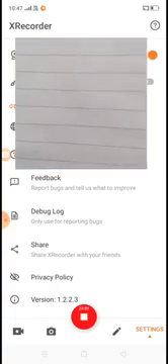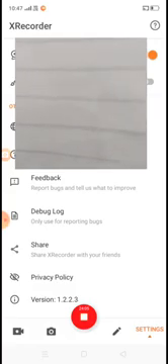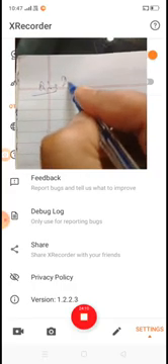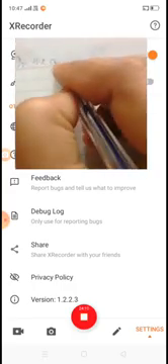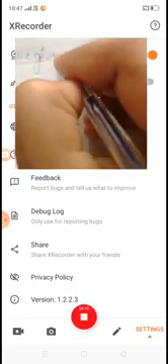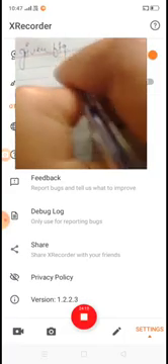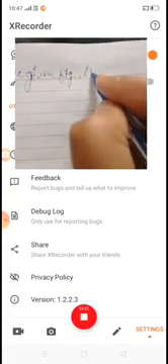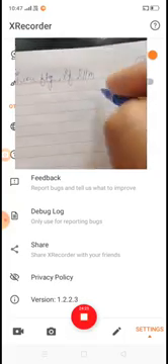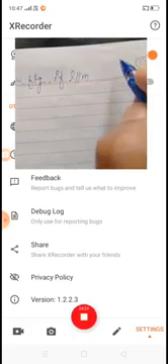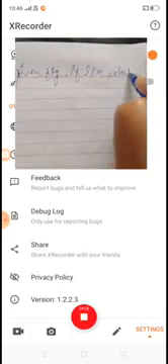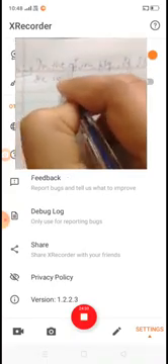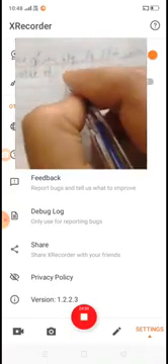Let's see. In the given figure, if L is parallel to M, what is the value of x?